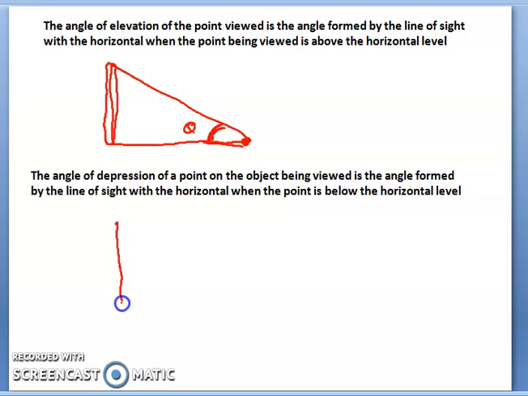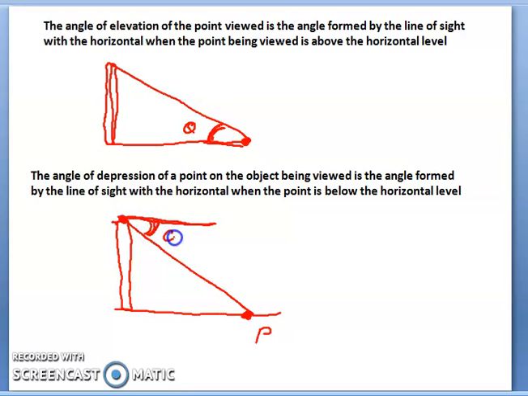And suppose I am at the top of the building and watching something on the ground at this point P. This is my line of sight, and this angle theta is known as the angle of depression. The angle of depression of a point on the object viewed is the angle formed by the line of sight with the horizontal when the point is below the horizontal level.